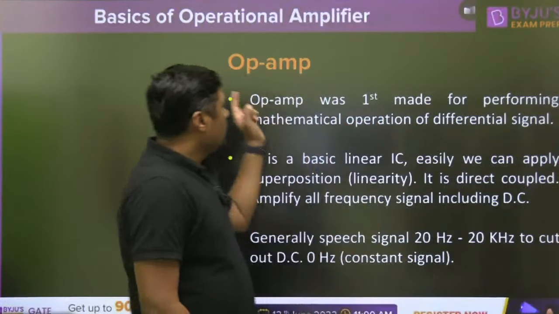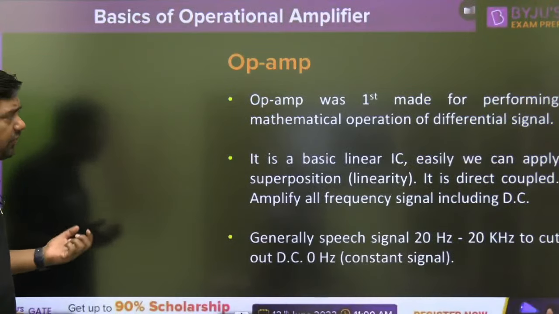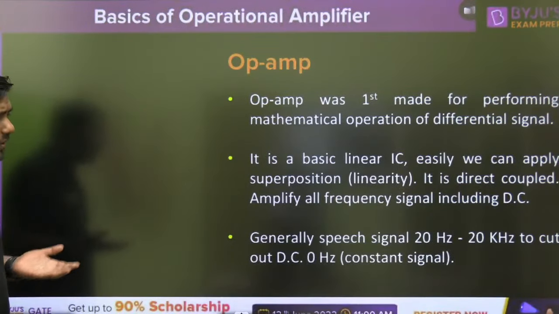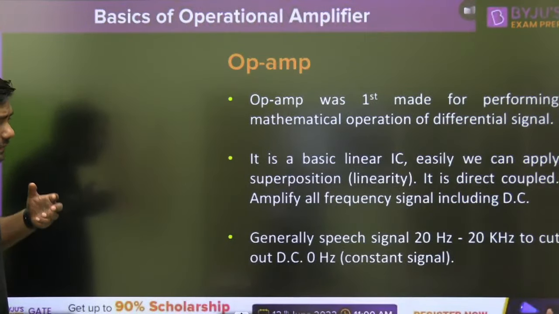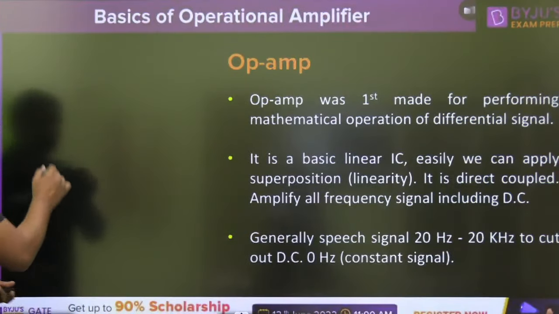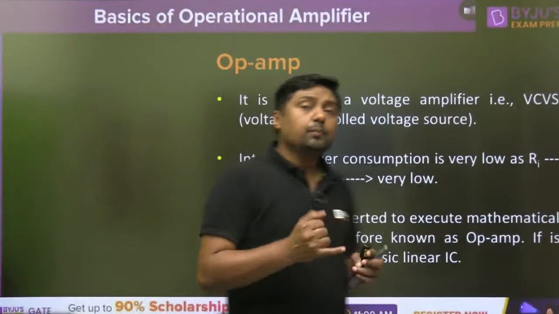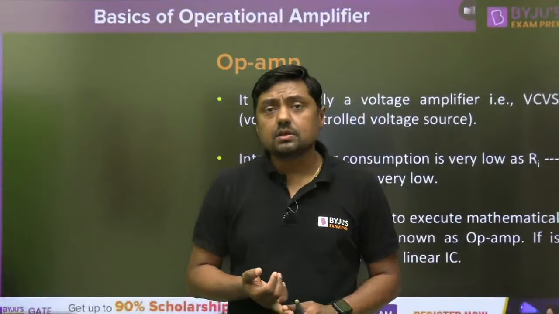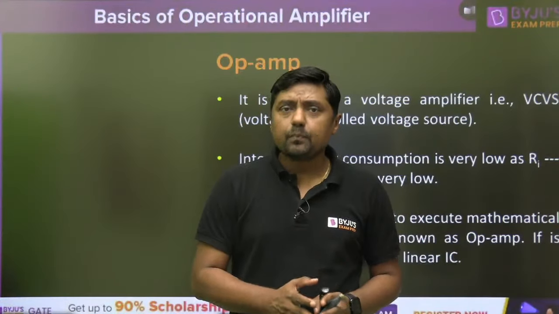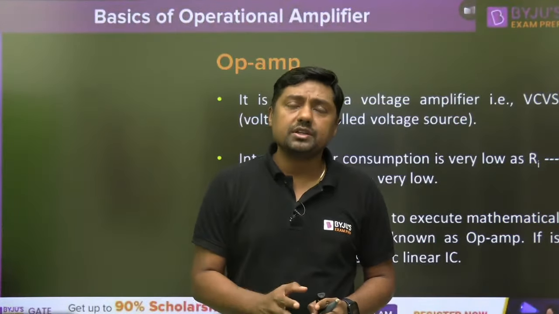In the first session we discussed what an operational amplifier is, why it is called an operational amplifier, and that basically it is a voltage controlled voltage source. We covered the internal diagram, input resistance, output resistance, gain bandwidth product, bandwidth, why we give negative feedback, and why it is a multi-stage amplifier.